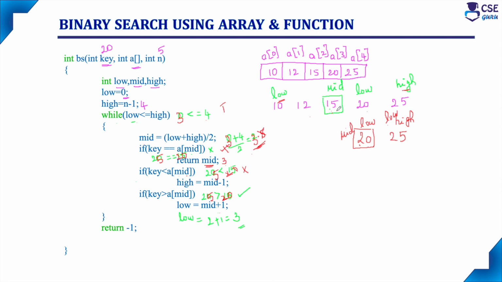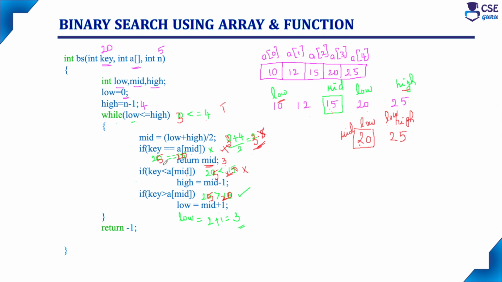If the key element is lesser than the mid element, the search will happen only in the left part of the array. If it is greater than the mid element, the search will happen in the right part of the array. So in every iteration of this while loop, this procedure continues until it finds the key element.